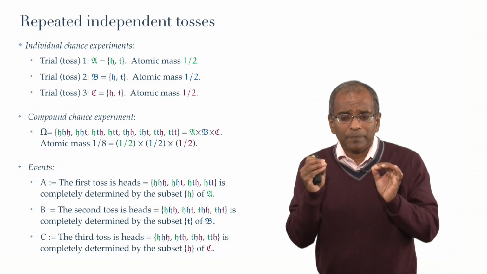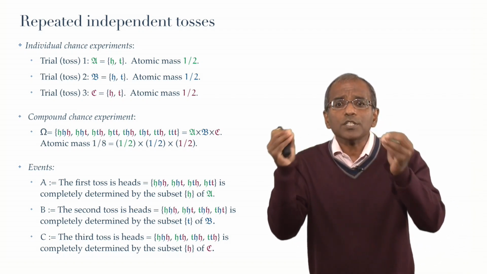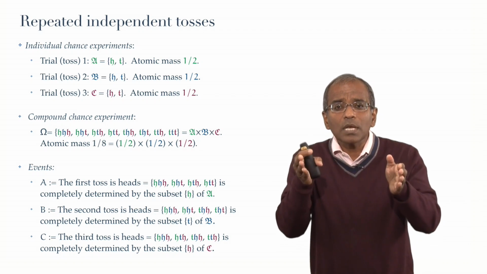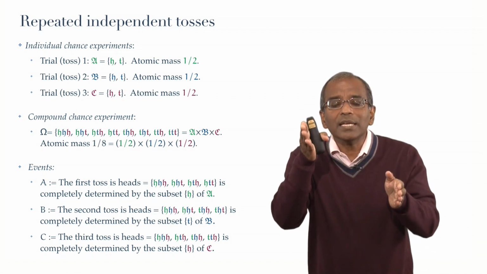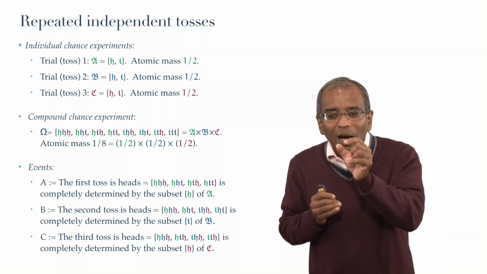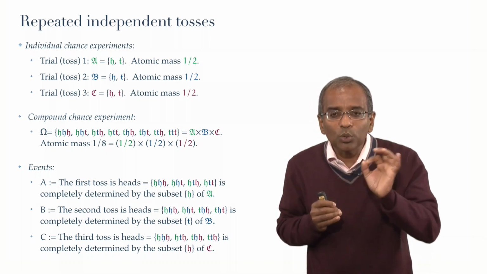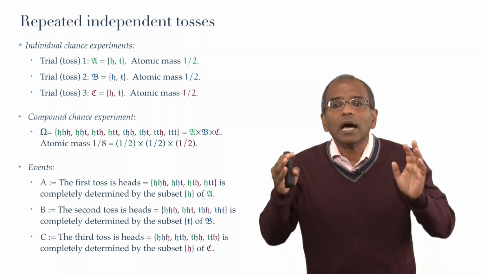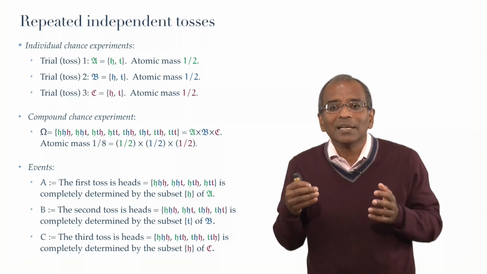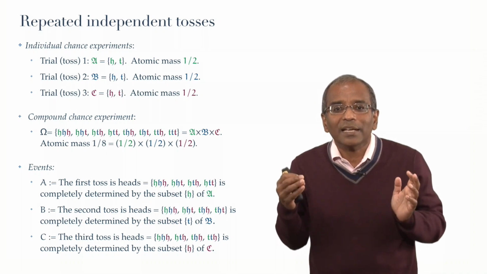What was A? The event was that the first toss results in a head, which means ordered triples where the first element is a green H. The next 2 elements, a blue second element and a maroon third element, are completely unfettered. They can take any of the 4 possibilities, head-head, head-tail, tail-head, and tail-tail.